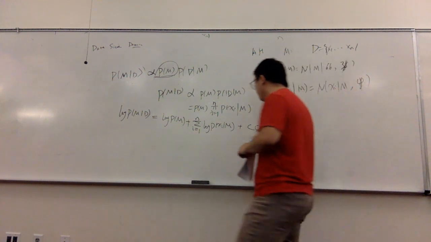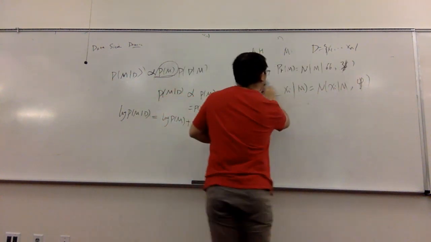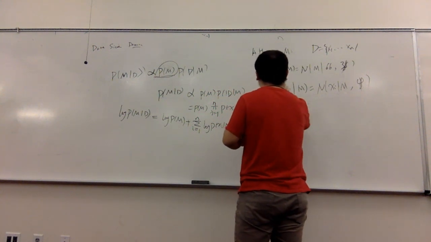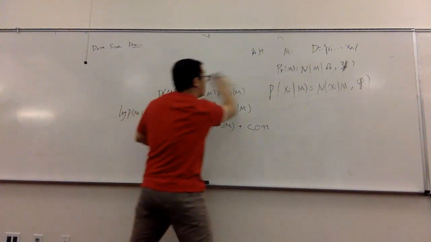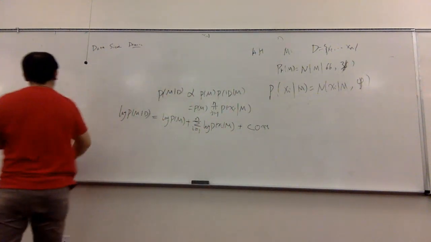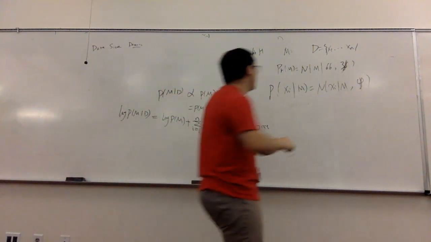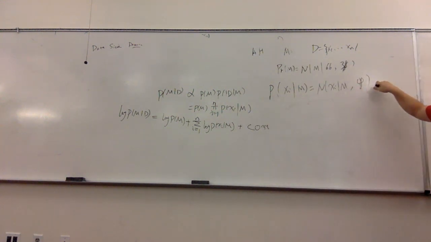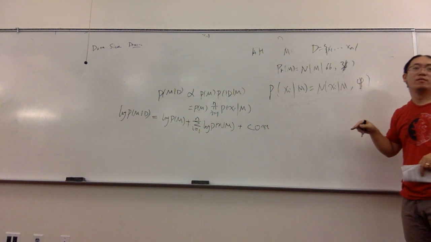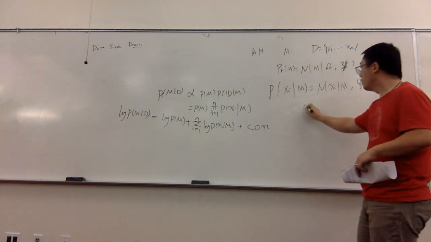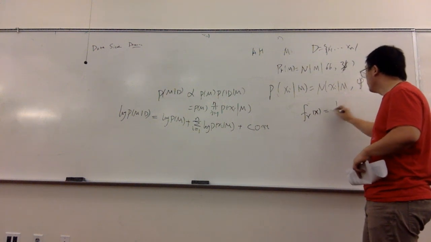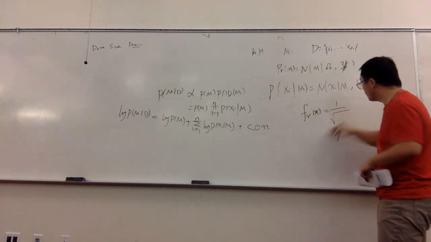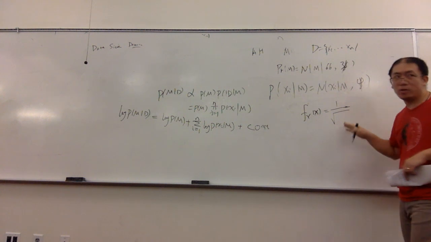And now we can look at the specific form of the normal distribution. So what is the density for the normal distribution? The density for the normal distribution is this form, and I believe in the future you need to recite this formula.